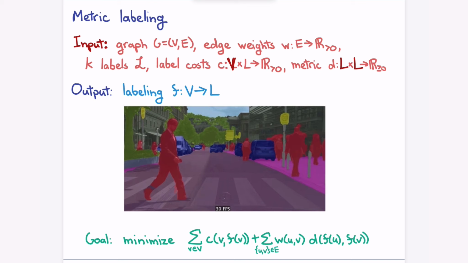You have some prior on how similar the labels are. You want maybe pixels that have the same color to have a higher weight because they're more likely to have the same label. So this is one way that image segmentation was modeled.